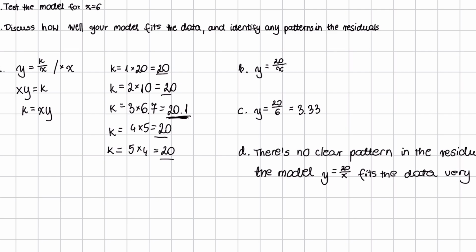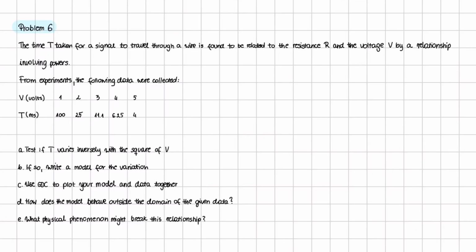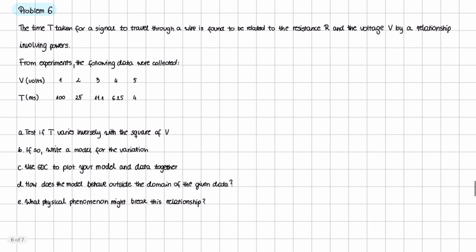Problem 6. The time t taken for a signal to travel through a wire is found to be related to the resistance R and the voltage V by a relationship involving powers. From experiments, the following data were collected, and we have in the first row V, so our voltage, and in the second row we have t, so time.